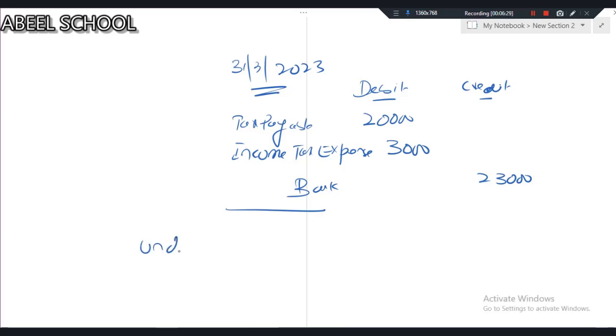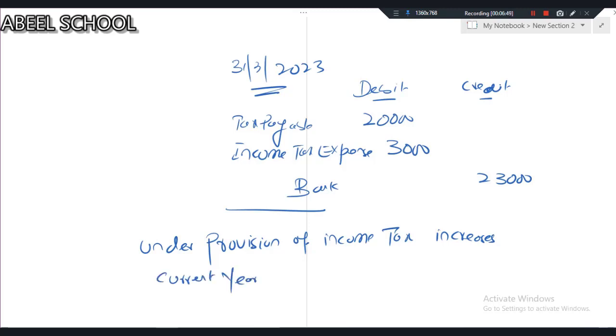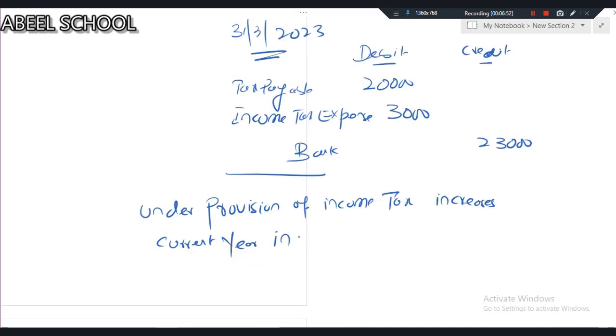So under provision of income tax increases current year income tax expense. You need a really good understanding of 2 points. One is over provision: due to over provision, your current year income tax expense reduces. If there's under provision, it increases your current year income tax expense.